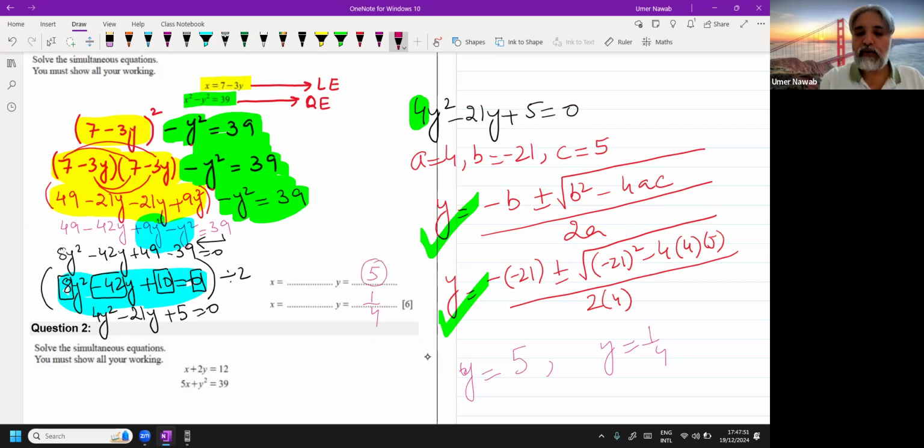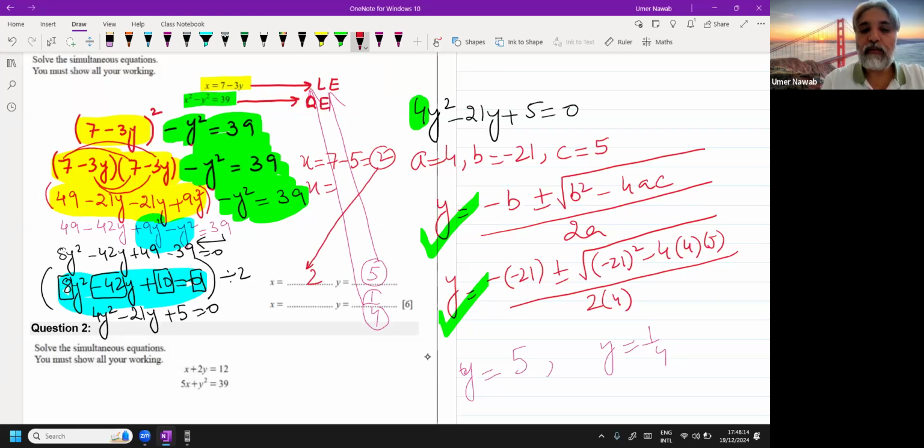So these values of y will be substituted one by one into the linear equation, because the linear equation is much easier. So x equals 7 minus 5. It will give me 2. So 2 corresponds to 5. Let me check it again. Did I make any mistake?